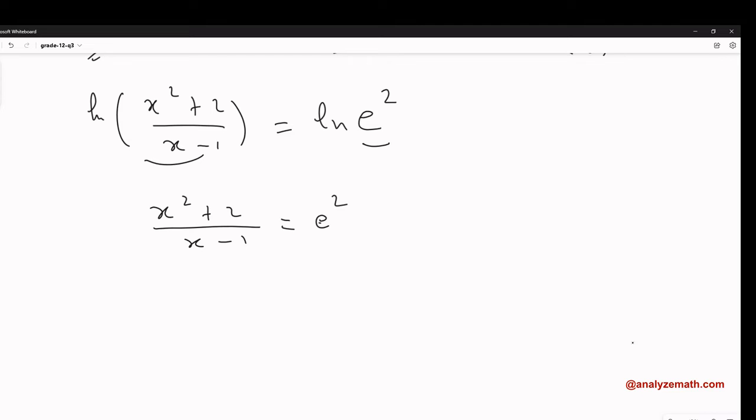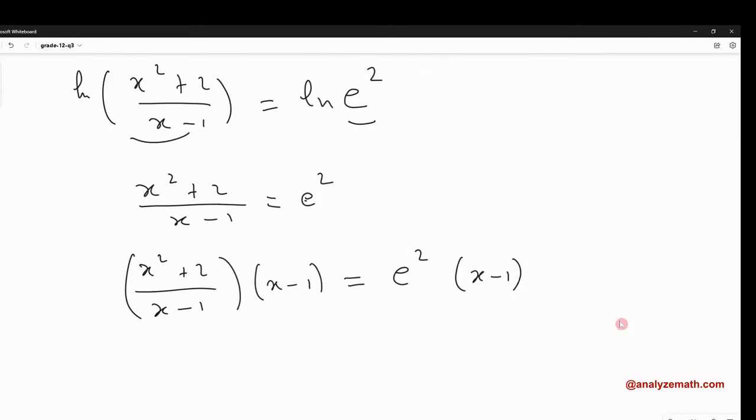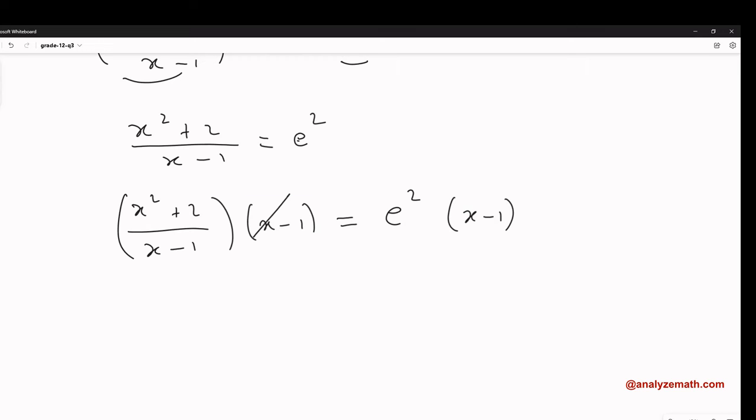Okay, now how do we solve it? There are many ways to solve this. For (x² + 2)/(x − 1), we eliminate the denominator by multiplying by x − 1, and the other side also by x − 1. So that will eliminate the denominator on the left side. We will end up with x² + 2 = e²(x − 1).